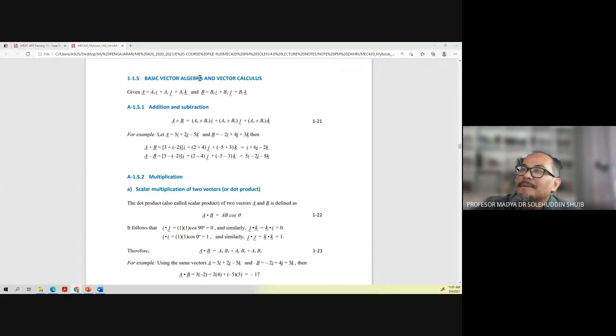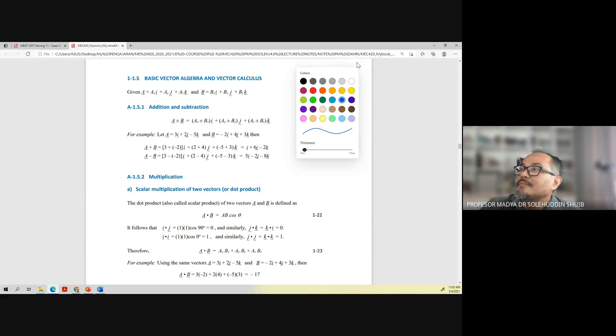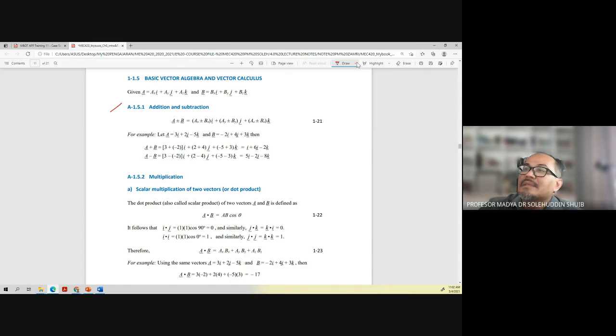Our revision on the basic vector algebra and vector calculus. For this one, what I'm trying to highlight is the addition and subtraction.